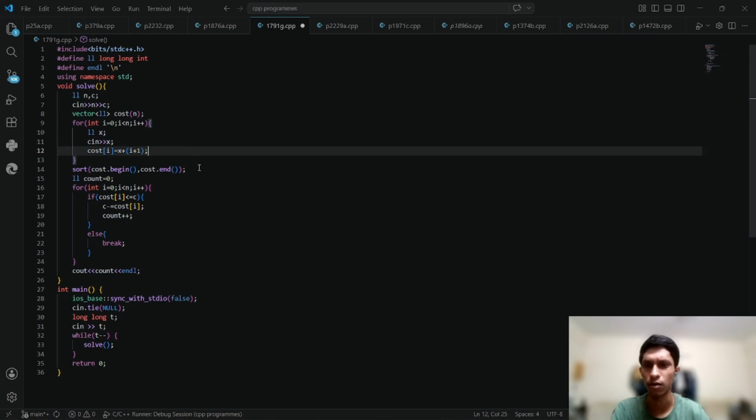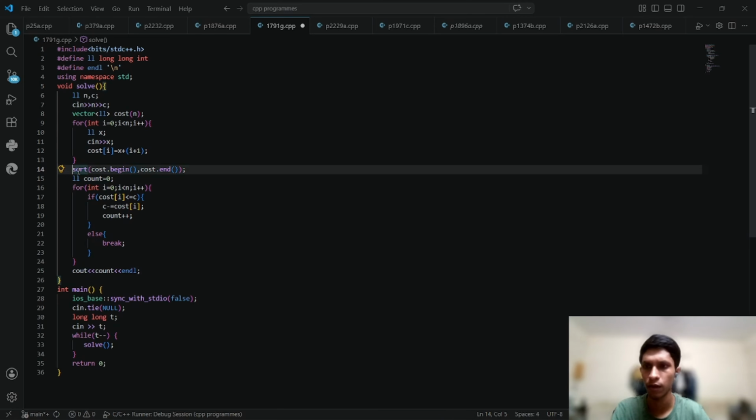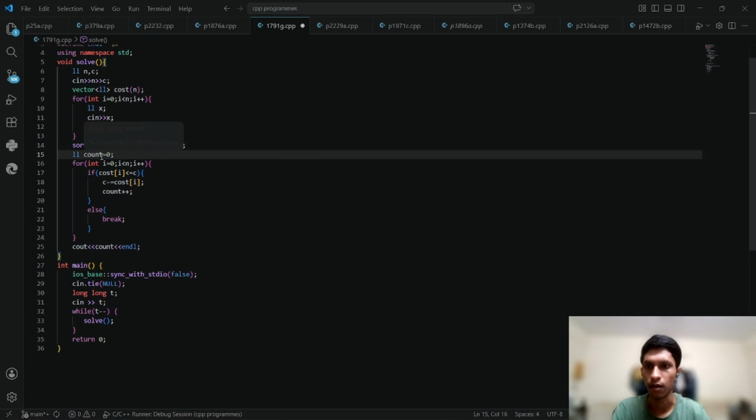After calculating all the costs, I'm sorting them. After sorting, since we have to give the maximum number of doors that we can open, I have initialized a count, which will keep track of the number of doors that I can open.